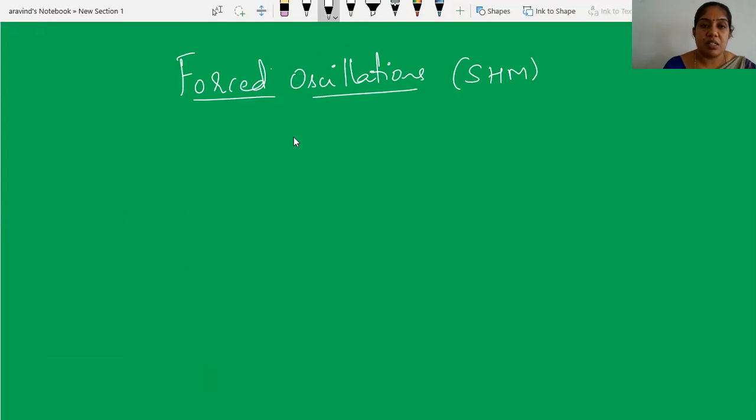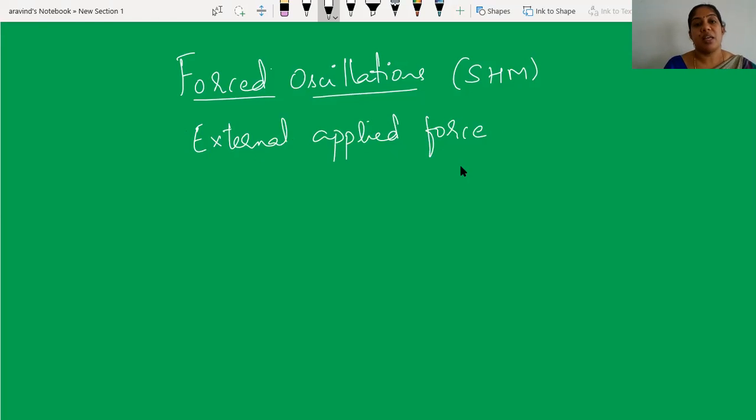Now, as the name suggests, forced oscillation. Now, these oscillations are under the influence of external periodic force, external applied force. That is, you are applying force and making the oscillations happen.